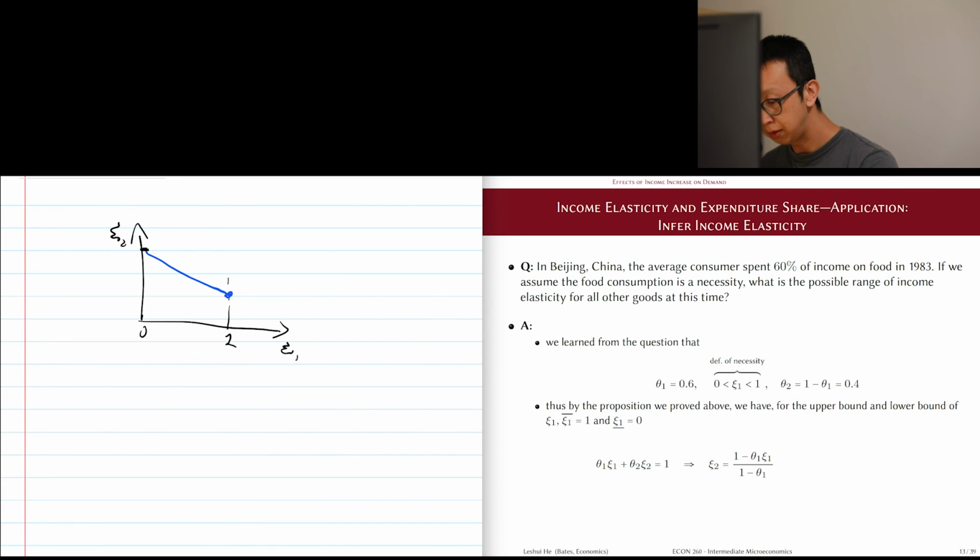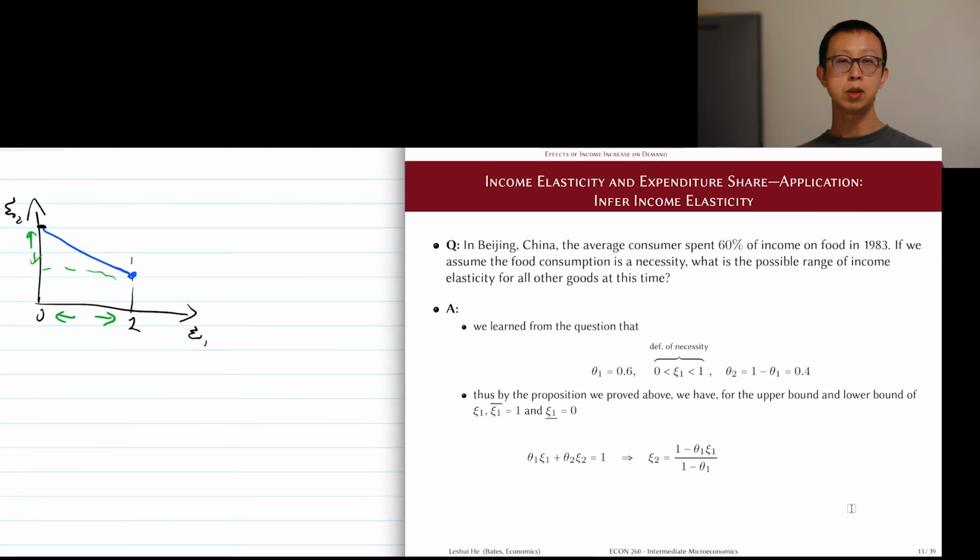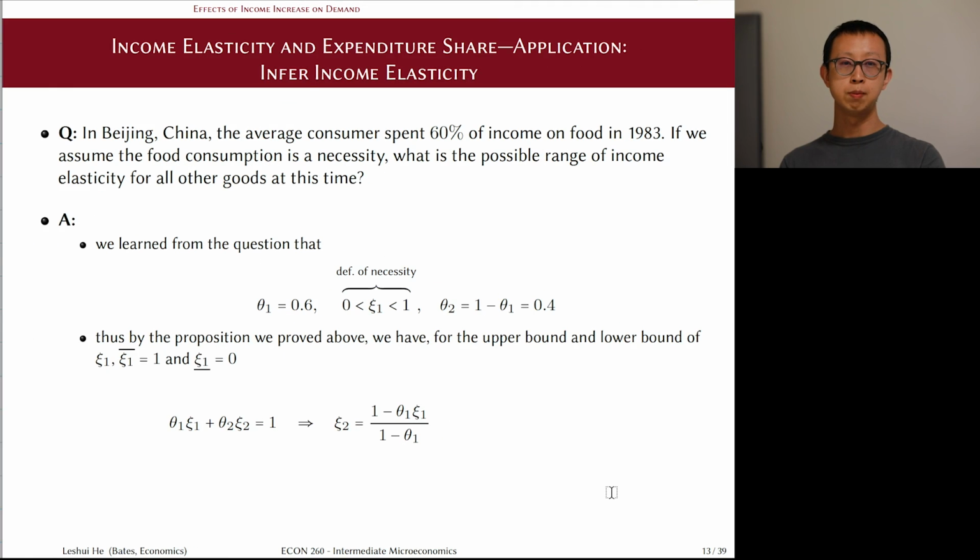All of these Xi1s that run between 0 and 1 are going to correspond to values of Xi2 that run between these two extreme values reached at the upper and lower bound of Xi1. Once we understand this relationship, it just remains to calculate the bounds of Xi2 as Xi1 varies between 0 and 1.